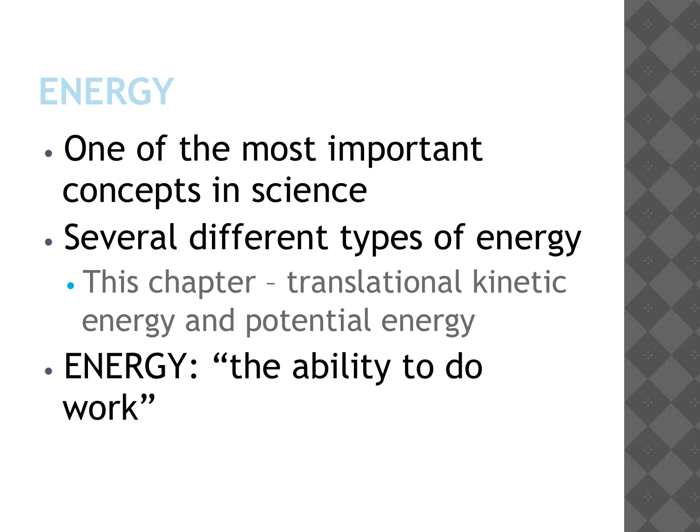And so we're going to look at two main categories of potential energy. Gravitational potential energy, when things have the ability to fall and make something do work. And spring potential energy, so energy that's stored in a spring or a coil, things like that. So those are two types or categories of energy. The most basic definition for energy is the ability of an object to do work.